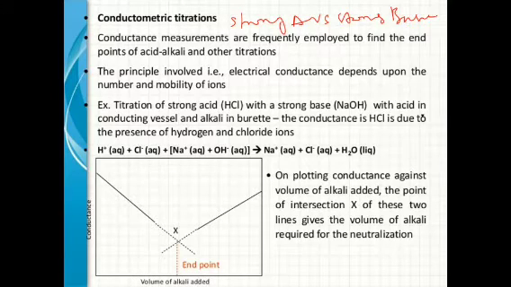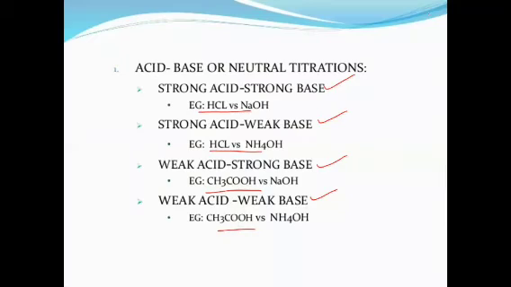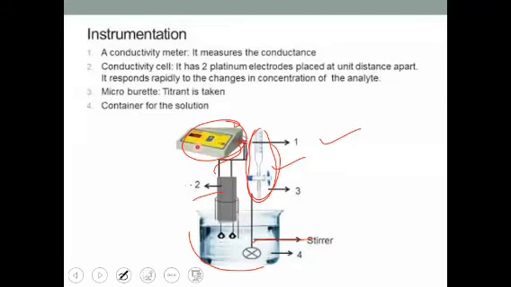When you come to the instrumentation, in the burette we generally take the base solution, and in the beaker we take the acid. While adding the base solution drop-wise to the acid present in the beaker, it shows the conductance values, and based on that, we can easily find out the neutralization point of these two solutions.